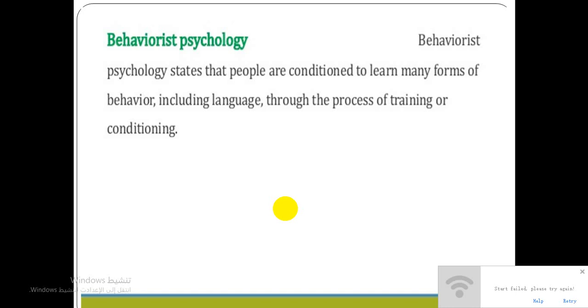Behaviorism, like structural linguistics, is an anti-mentalist, empirically based approach to the study of human behavior. So in this theory, psychology states that people are conditioned to learn many forms of behavior, including language, through the process of training or conditioning.